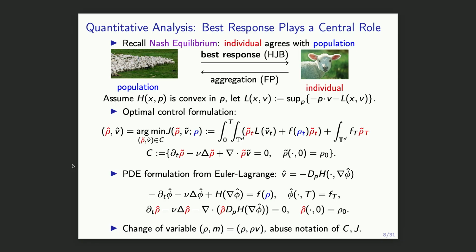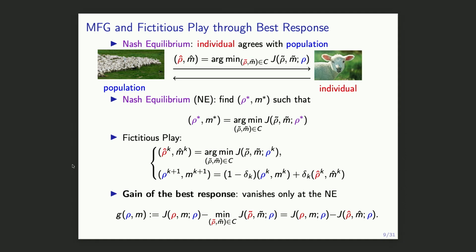Okay. So you can easily derive that this decoupled PDE is just solving this optimal control problem. And for some nice property, in order for the constraint to be linear, later we will use a change of variable, use M instead of rho and V. So now we can use that optimal variational formulation of the optimal control problem to write the Nash equilibrium.